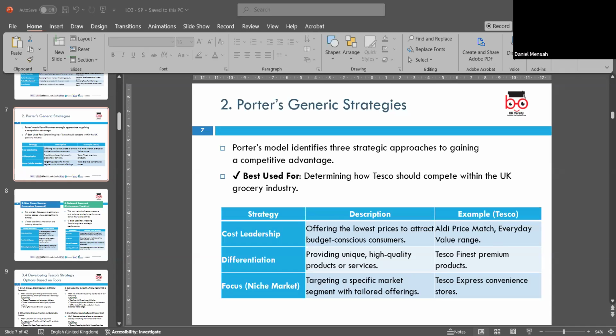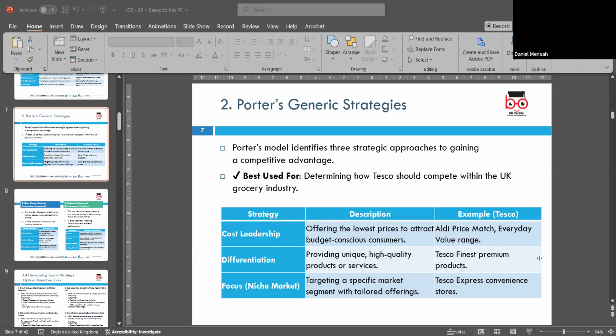Cost focus is where they want to serve customers at low prices. With differentiation, the differentiation is high, but the price will be high. We can take the example of Tesla, focusing on high-end electric cars, or, on the other side, a small boutique offering unique clothing.